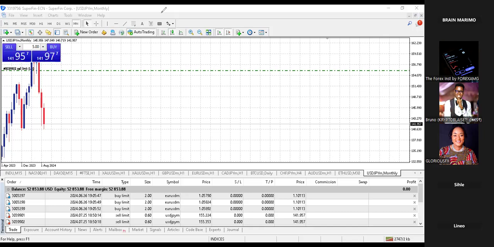I used to also just trade GBP USD for the better part of, I can't remember, 2017 I think.